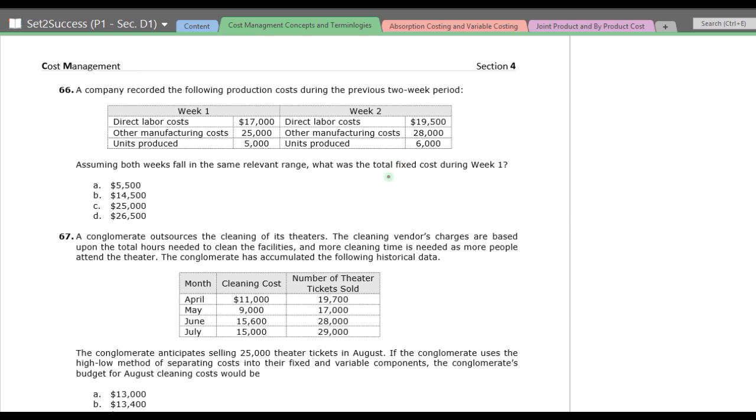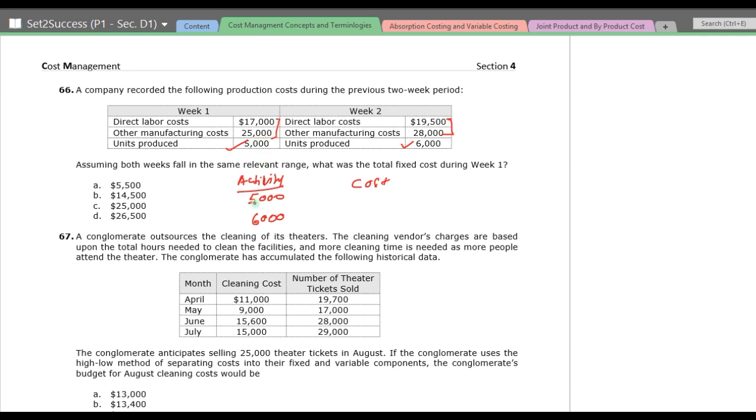So let us find the activity and the cost. Then we will find variable cost per unit. Then we will find the cost. So the activity is 5,000 and we have 6,000, and these are the cost.